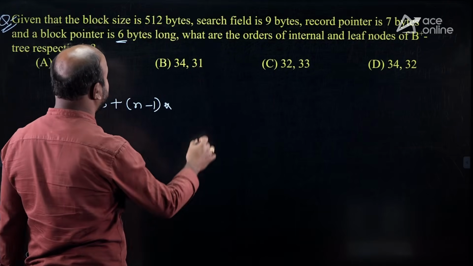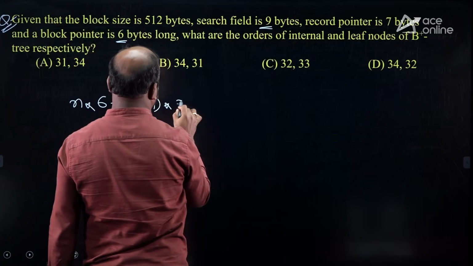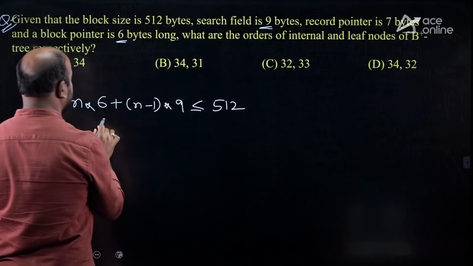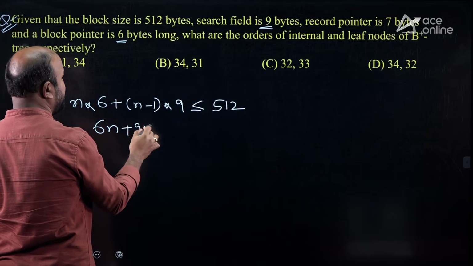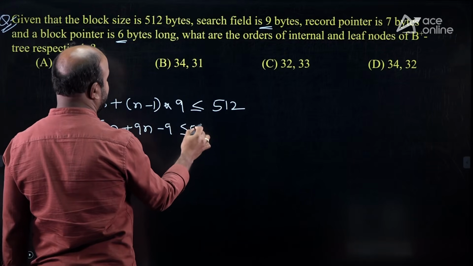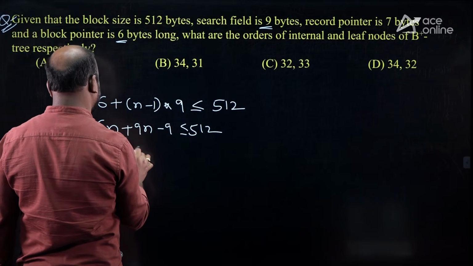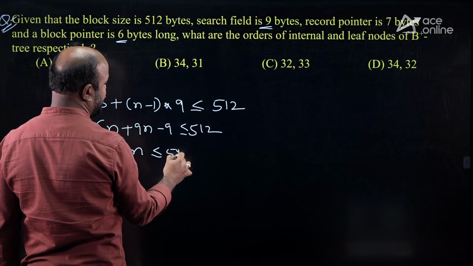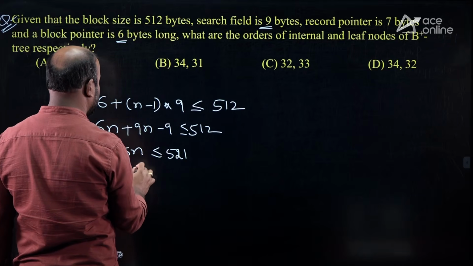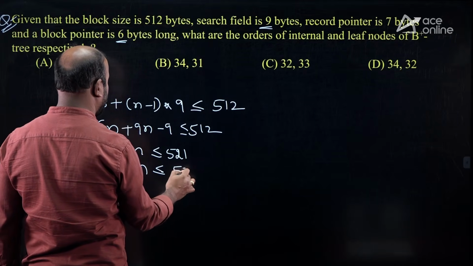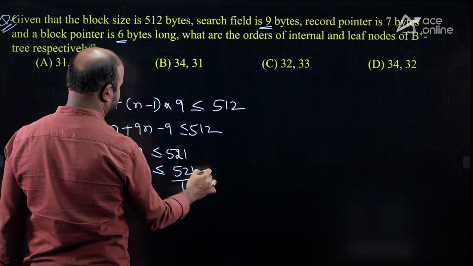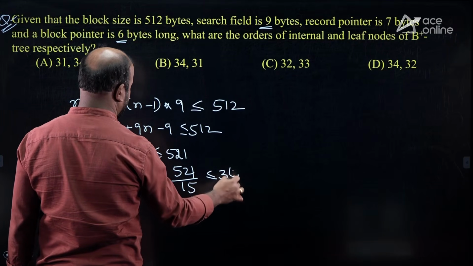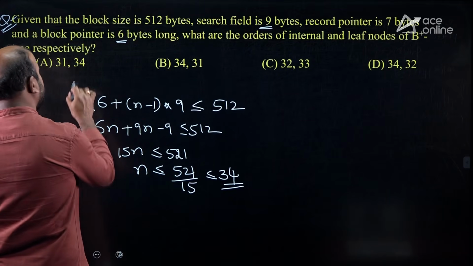What is a key field? 9 bytes. This total size should be less than or equal to block size. That is 6n plus 9n minus 9 less than or equal to 512. That is 15n less than or equal to, when minus 9 goes to that side, plus 9, 521. So, n is less than or equal to 521 by 15, which is 34. This is the internal node order.